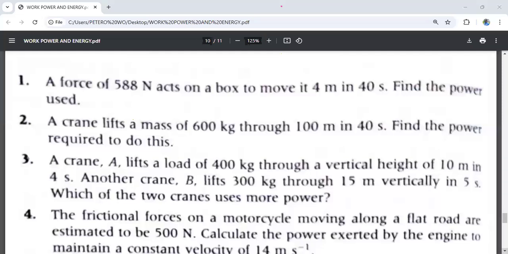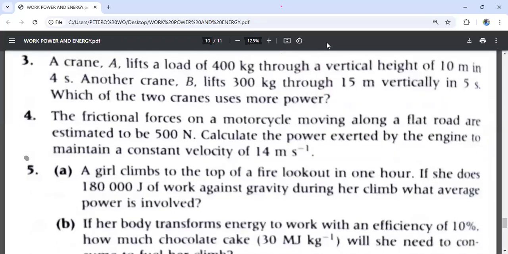Now for number 4, you realize that they have not given us a time, but they have given us something they call velocity, which is in meters per second. So the 14 that they have given us is a distance divided by a time, because we have meters per second. The meters are for distance and the second is for time.